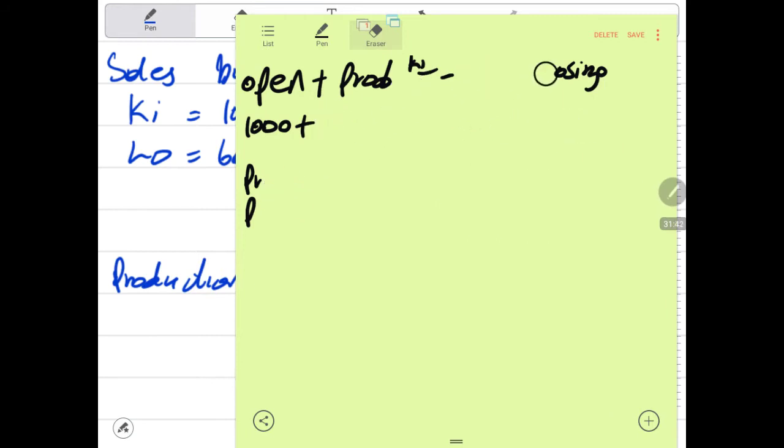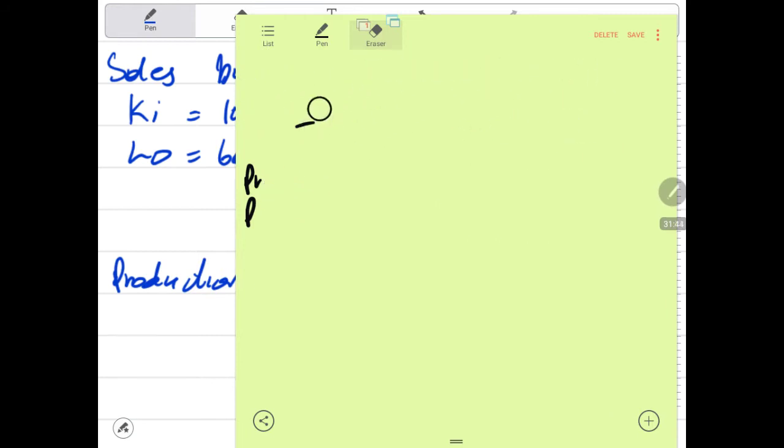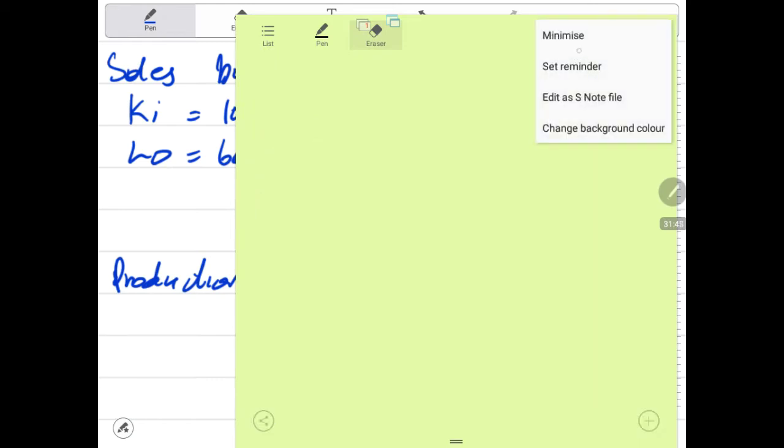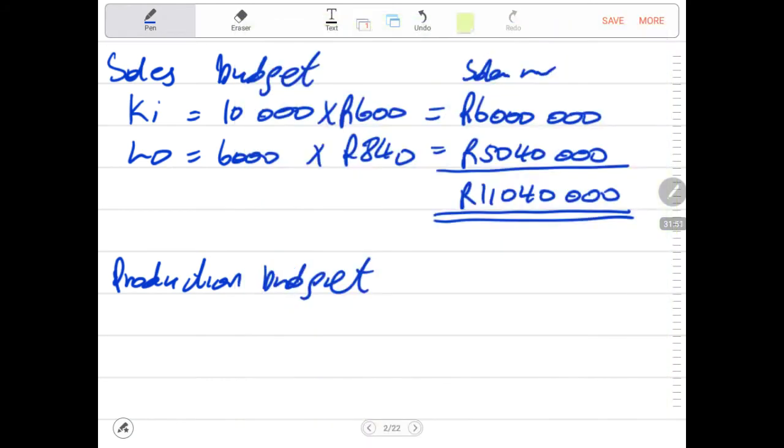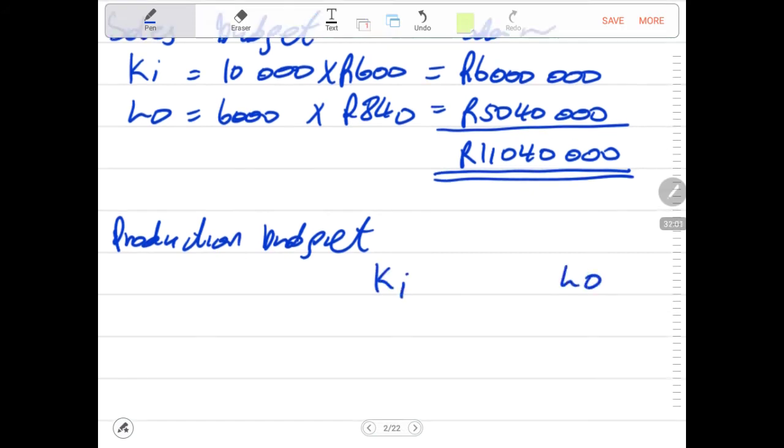So we didn't need to calculate the number of units that are to be manufactured, because we do that in the production budget. Production budget, now we have two products. Don't forget, we have two products, which is product KI and product LO.